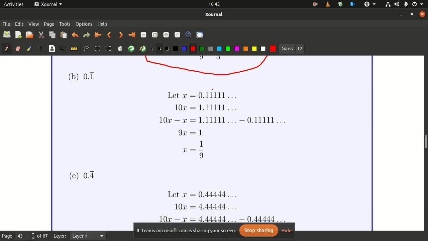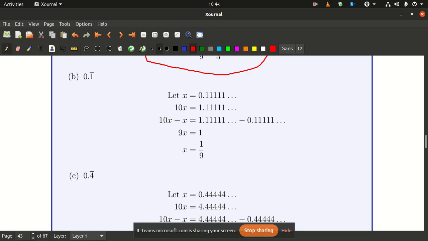Now that we have this, we have our 10x. So we have this 10x here, and we have this x there, and we look at these numbers after the decimal point. Can you see that there is 1111111 after the decimal point? Can you see here that we have 11111 after the decimal point?